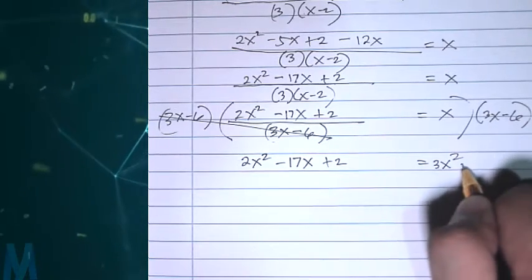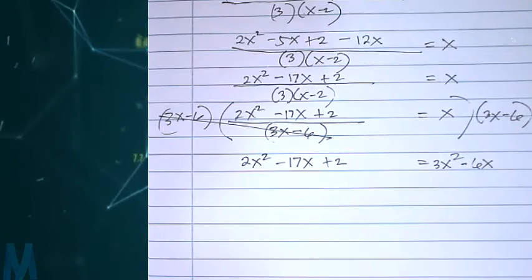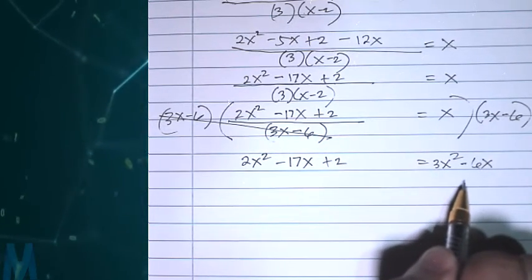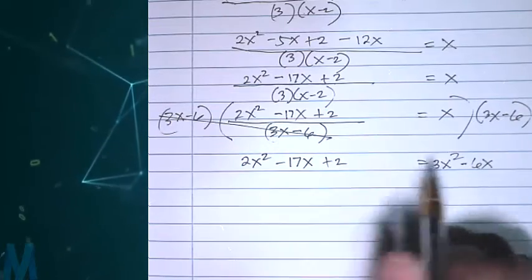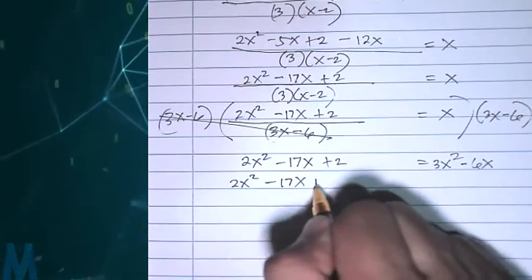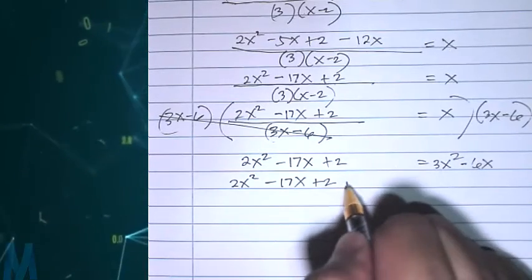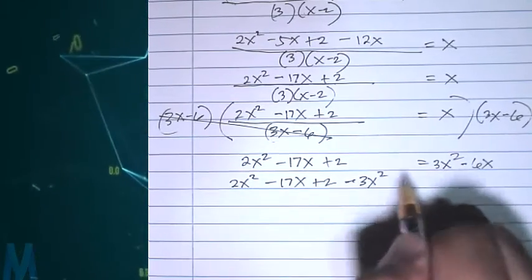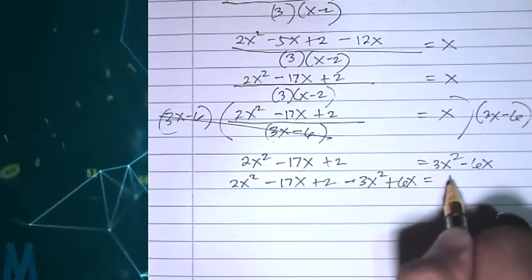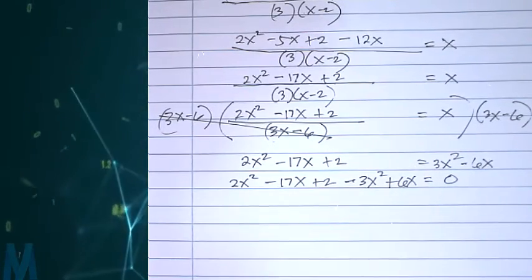Negative 6 times x is negative 6x. Then we're going to make the right side 0. Transfer natin sila nga duwa. So you have 2x squared minus 17x plus 2. Transfer will become negative 3x squared. Transfer, it will become positive 6x. So ma-0 na ang right side.